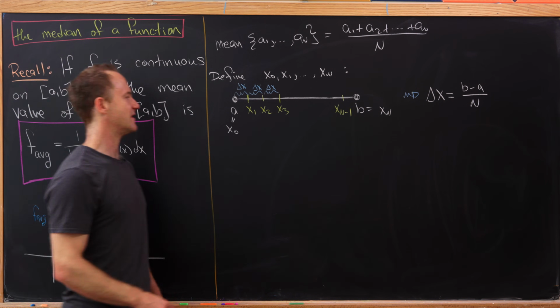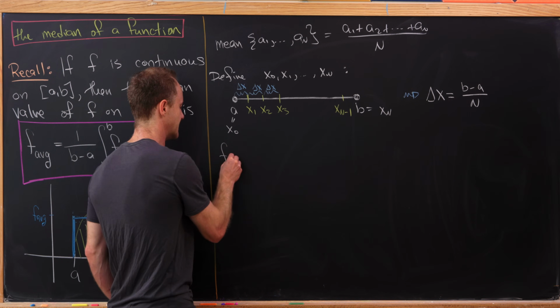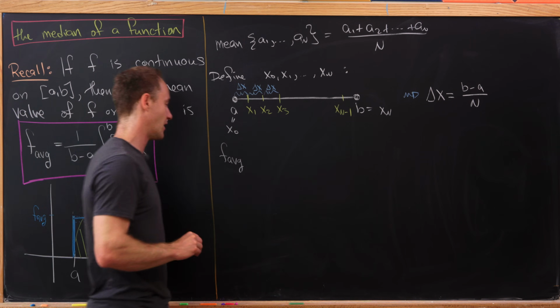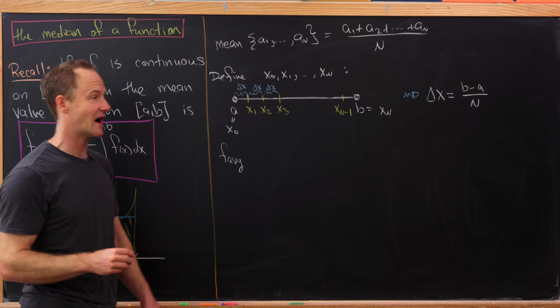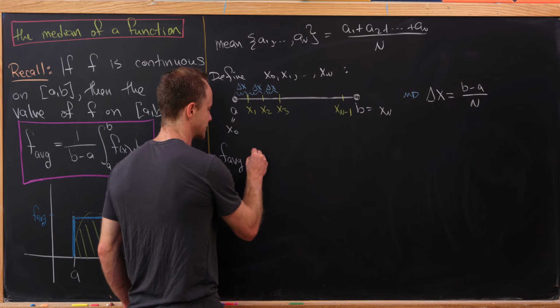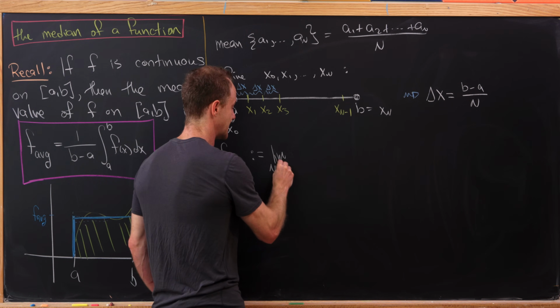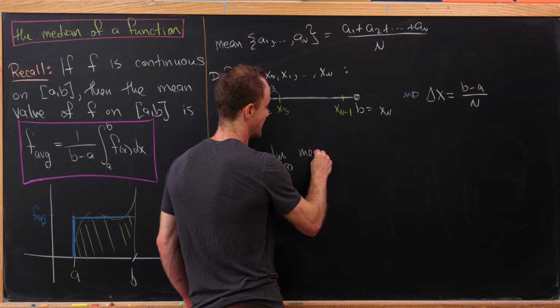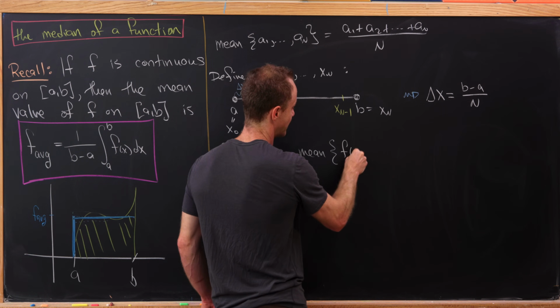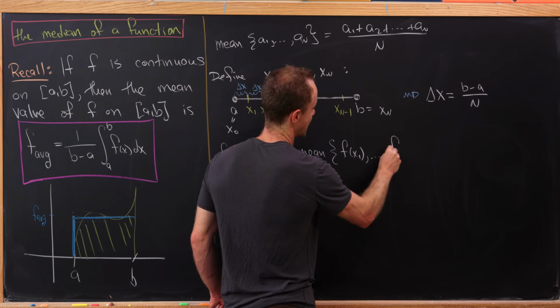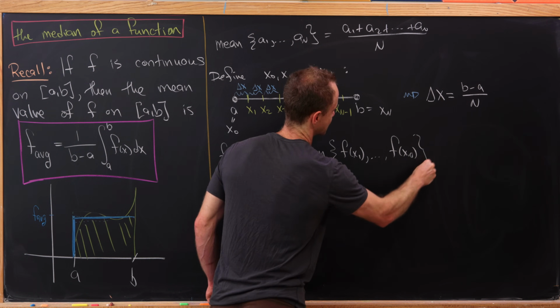Now, I would say that it stands to reason that the average value of a function on this interval could be defined as the limit as n goes to infinity of the mean value of that function taken on all of those x_i points.